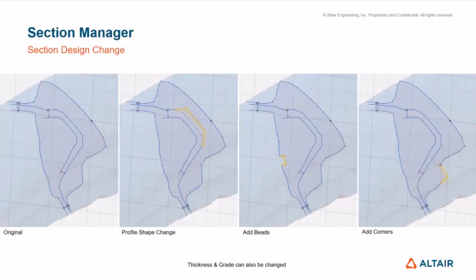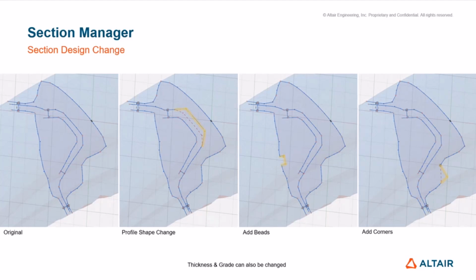As an example here, I have a typical use case where on the left you have the original section before any design change, and the typical changes that a user may want to do.